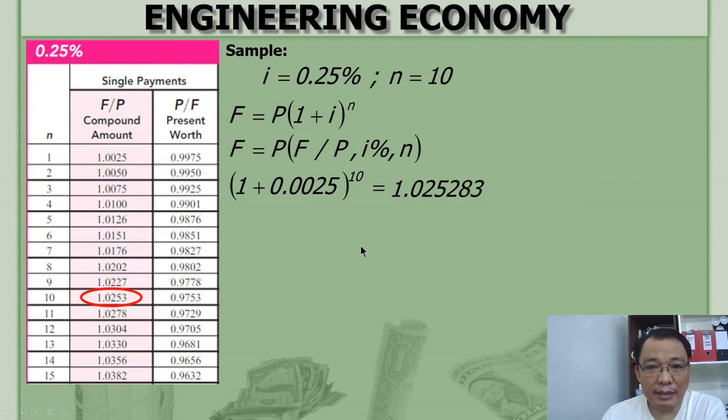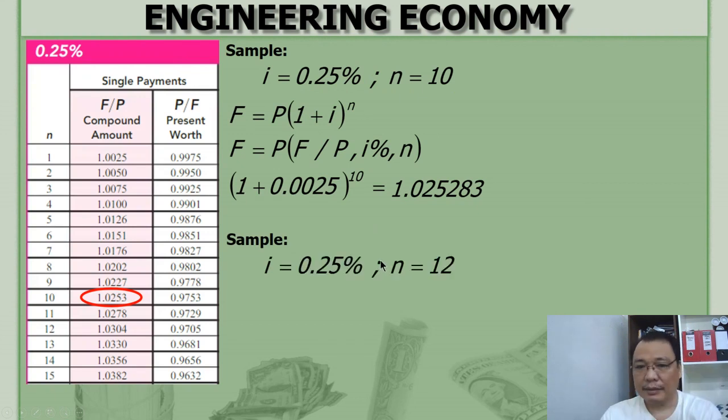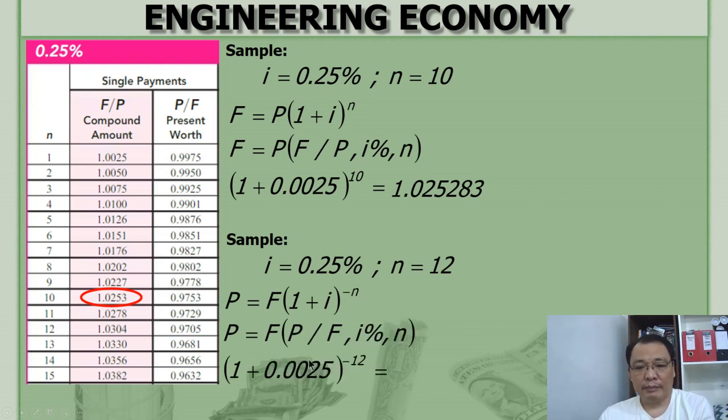Sige. Sample. Again, the same i of 0.25%, we will use n equal to 12. We will prove this one, 0.9705. So, this is the formula and the symbol.